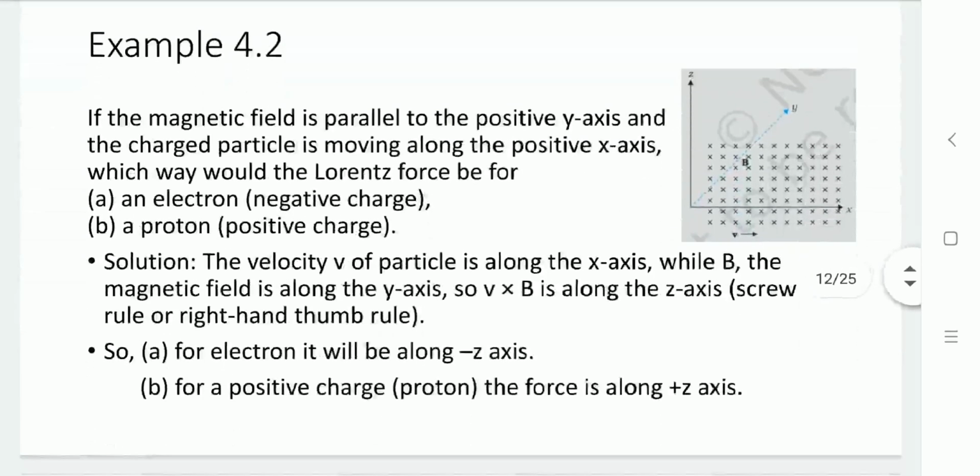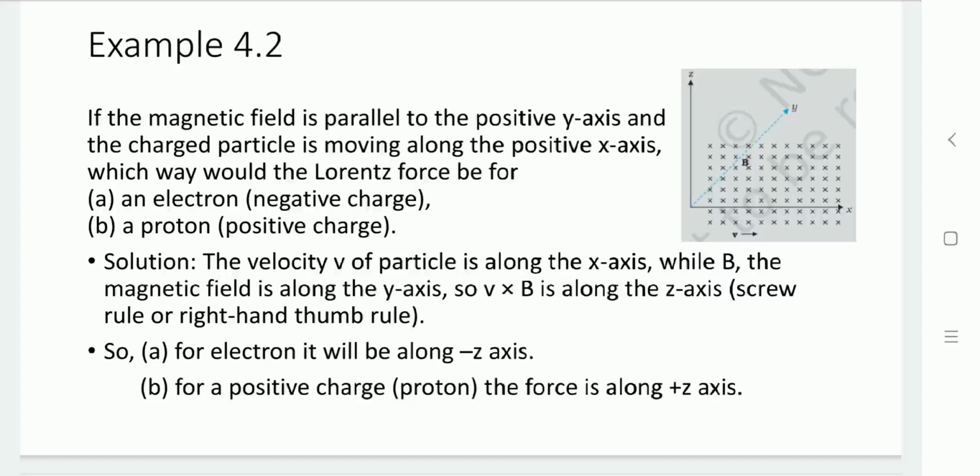Another example: if the magnetic field is parallel to the positive y-axis and the charged particle is moving along the positive x-axis, which way would the Lorentz force be for, first, an electron, the negative charge, and for a proton, the positive charge?